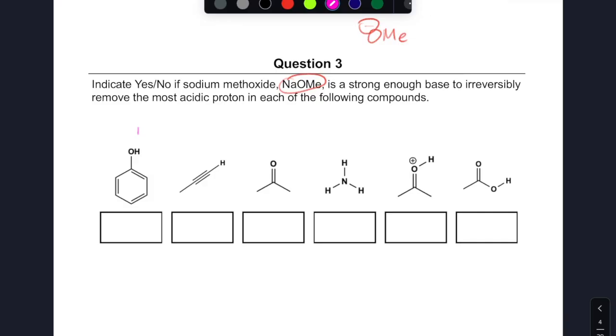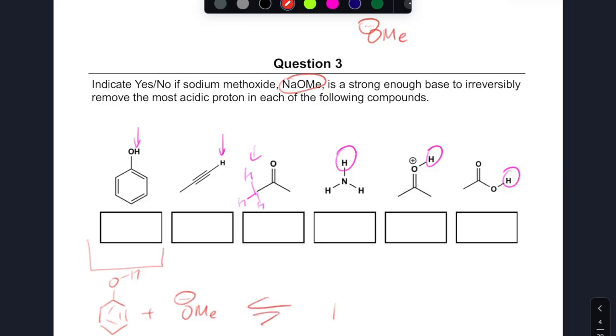Now, this is really a question about relative pKa. This is actually a method that we apply in Chem 123. So if I'm going to evaluate the first one, what I'm saying is, if I took this molecule, this OH here, and I treated it with my base, I will be in equilibrium with the conjugate base, in this case O minus, and the conjugate acid, methanol.